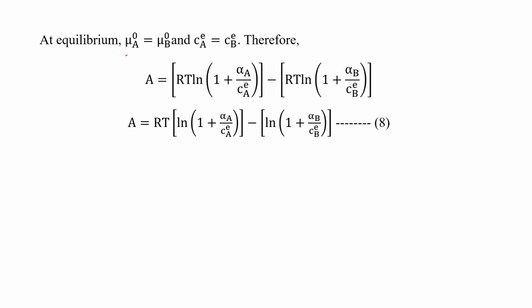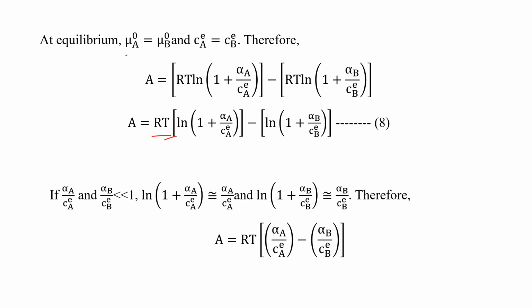Here also we are having RT in common. You can take the RT as common. Now we know that alpha A by CAE and alpha B by CBE are very much less than 1. So instead of writing ln 1 plus alpha A by CAE, we can simply write the term alpha A by CAE.